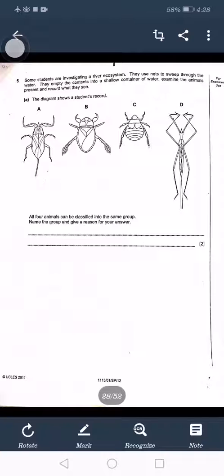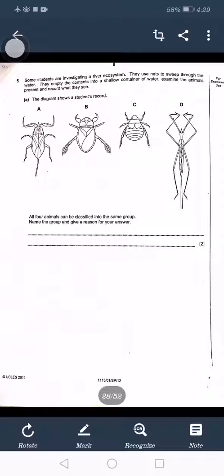A, B, C, D. All four animals can be classified into the same group. Name the group and give reason for your answer. أولادي هم يعني شكلهم insects. طب الانسكتس دي من أي جروب؟ arthropods.